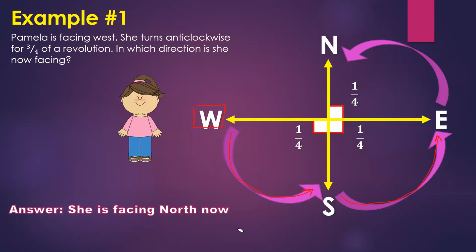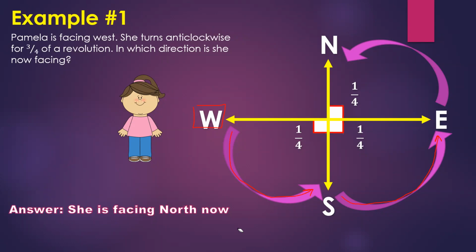Yes, sir. Good. Joseph, do you understand how we got our answer? Yes, sir. Joseph, you sure? Yes, sir. Good. Janelle, do you understand how we got our answer? Yes, sir. Good. Gianna, do you understand? Yes, sir. Good. Kmar, do you understand?